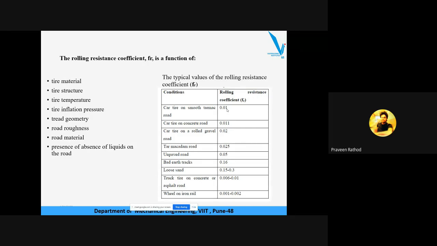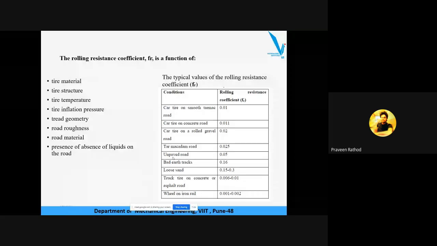For different conditions we have different values. A car tire on a concrete road has 0.011, on a rolled gravel road 0.02, and on a tar macadam road 0.025.